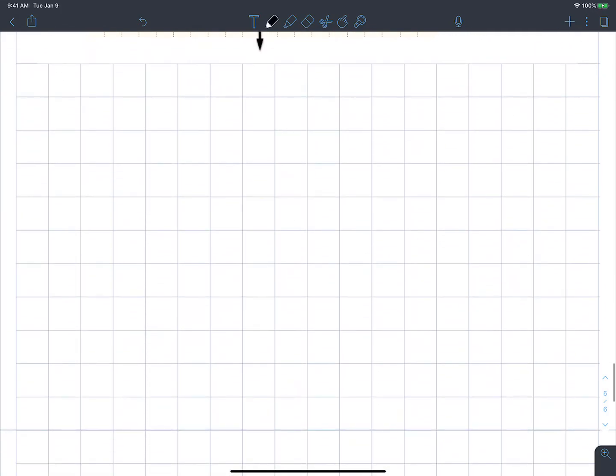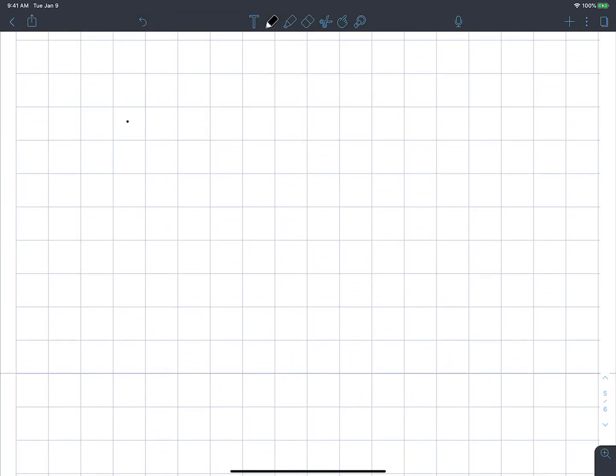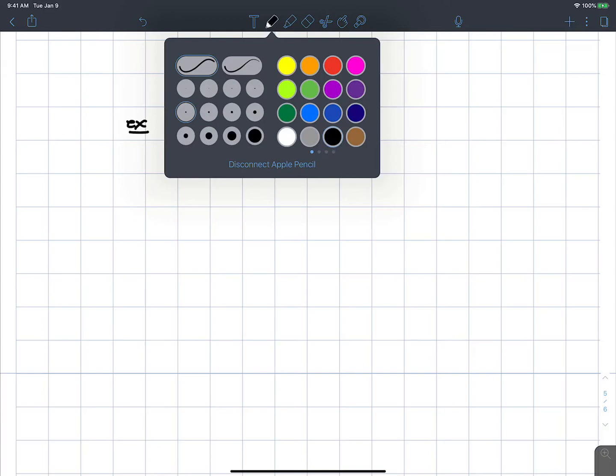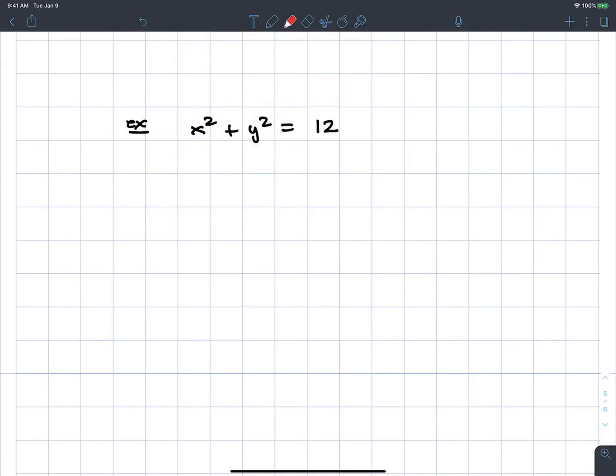Okay, let's give you a tricky one. Example. X squared plus y squared, we're going to say is 12. Okay, 12 here. Now, you might say, do we start by letting r squared be 12?